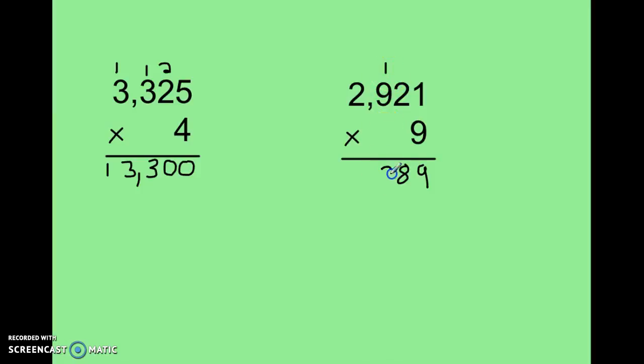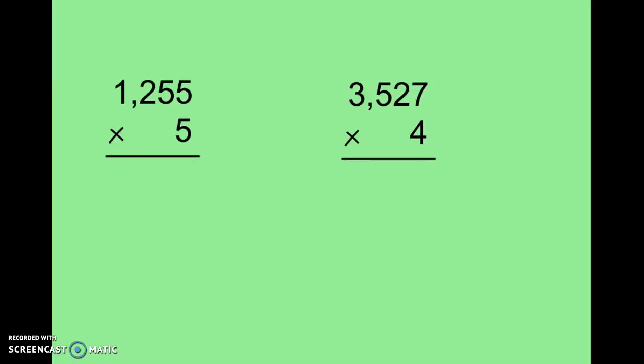So put my 2 here. Carry my 8. 9 times 2 is 18 plus 8. It's going to give me 26. I'm going to add my comma, so I end up with 26,289.